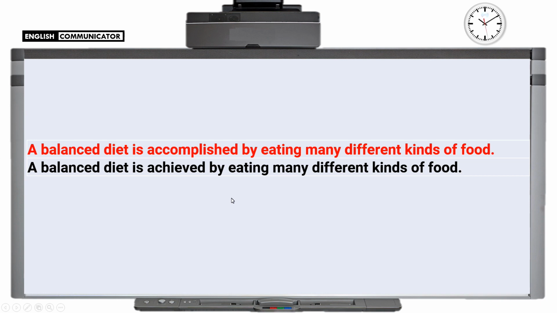So please always use achieve. And if you feel a difference, the difference is accomplished is always ideas, but achievement is always objects. Food, water, or something.